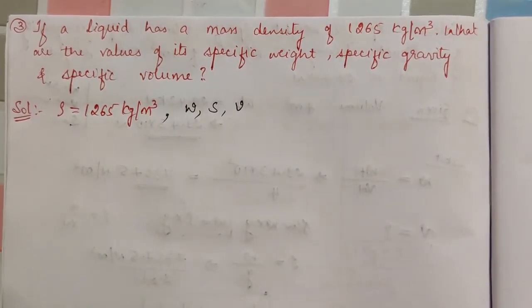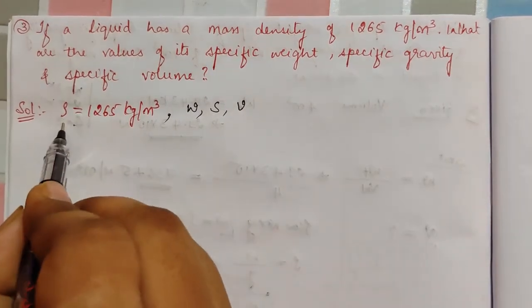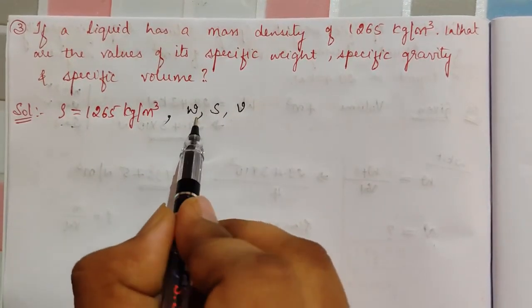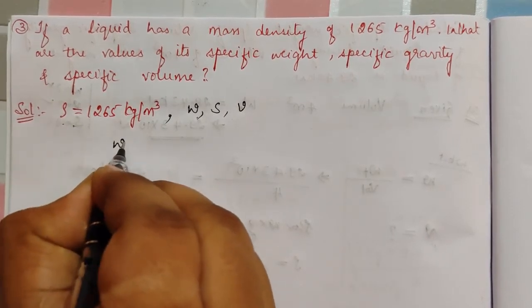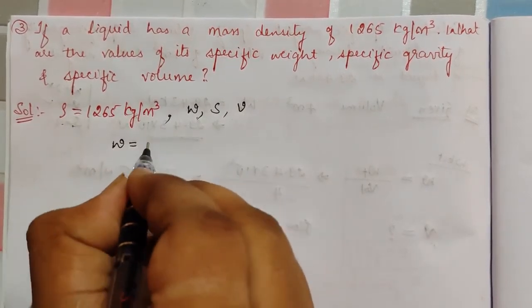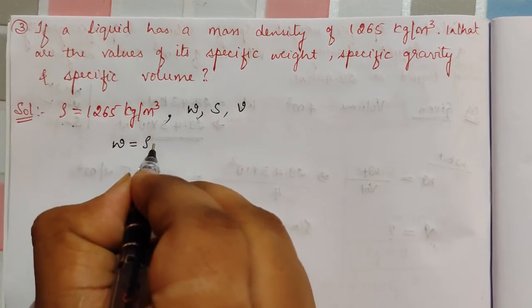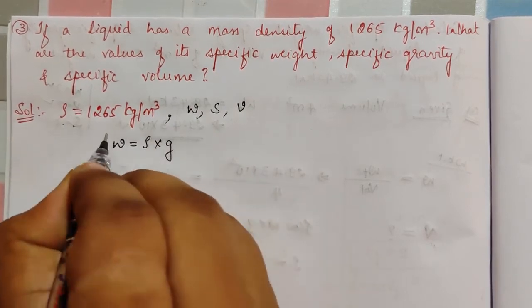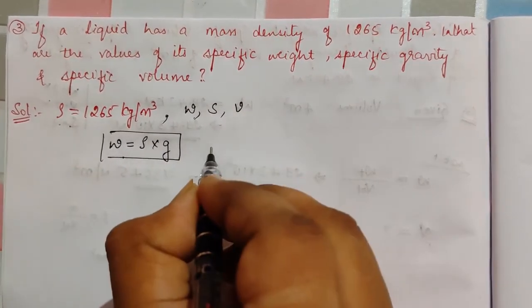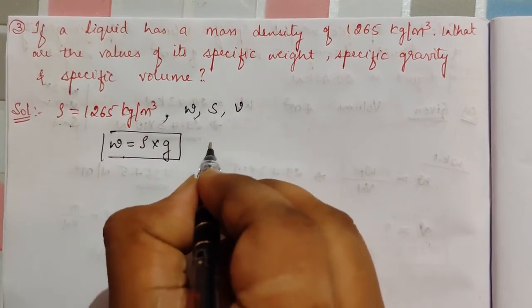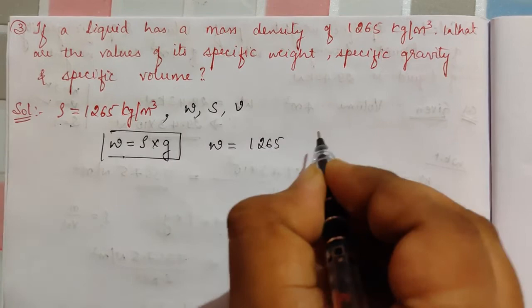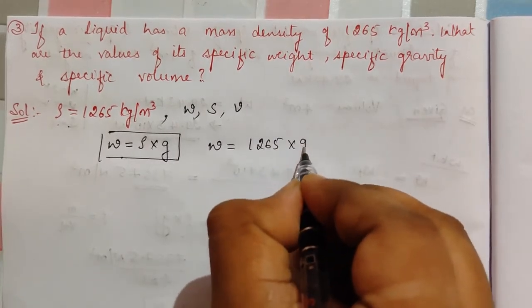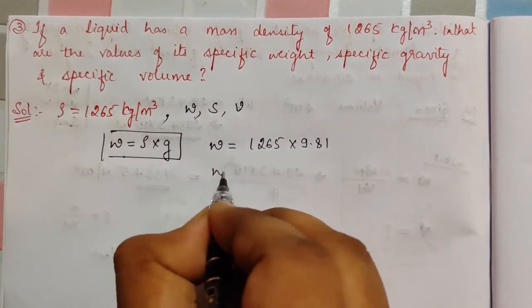We already know, when density is given, what is the formula for specific weight. Solution: the specific weight and density relation is specific weight equals density into gravity. So specific weight is equal to 1265 into 9.81.